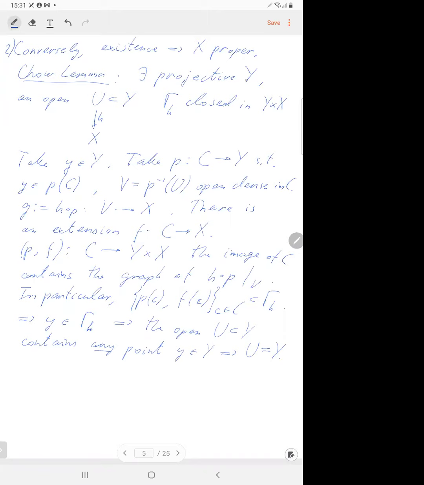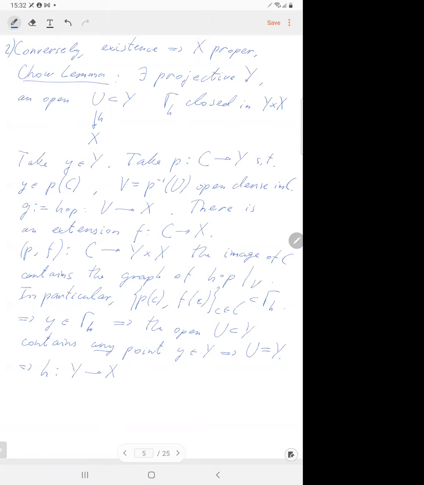So what we started with was a morphism H from Y to X. Okay, not from an open part of Y. So it was not partially defined, but a regular morphism from a projective variety to X. Okay, and now what do we know?